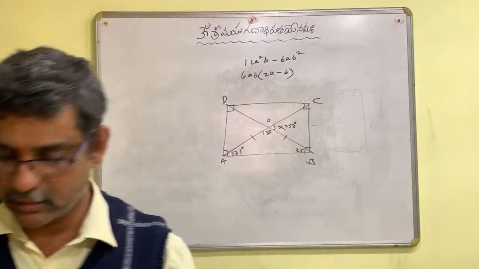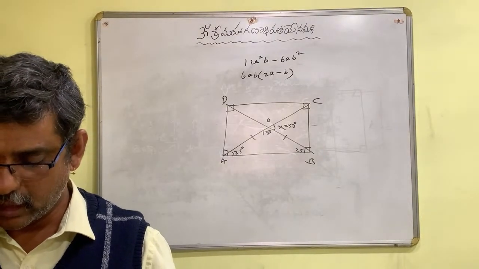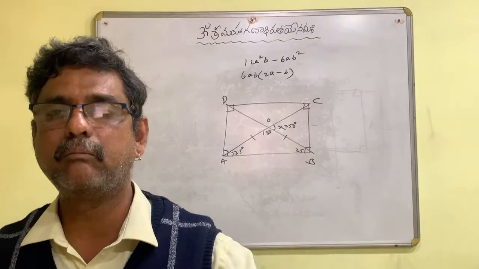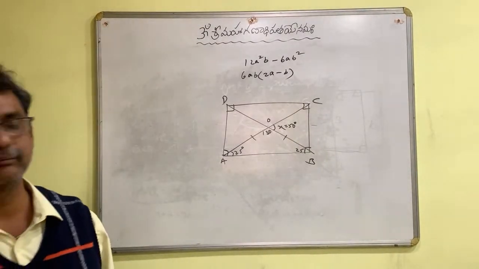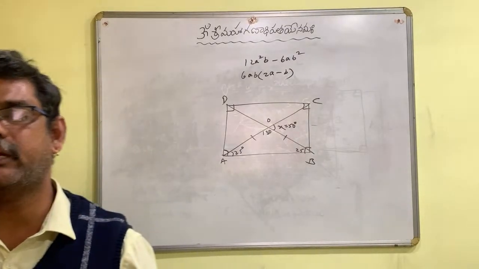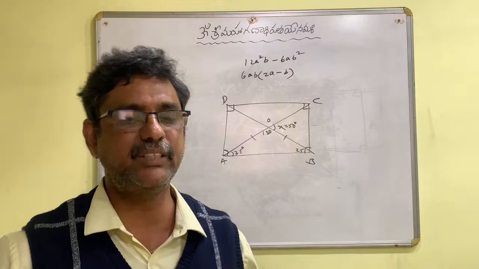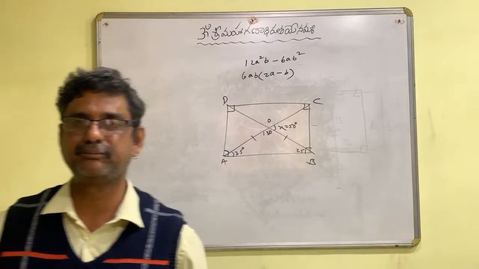So with this, in this question paper, all the 20 objective type questions are done. So kindly prepare Section B, Section C, Section D and Section E, and ask me the doubts tomorrow in the class.